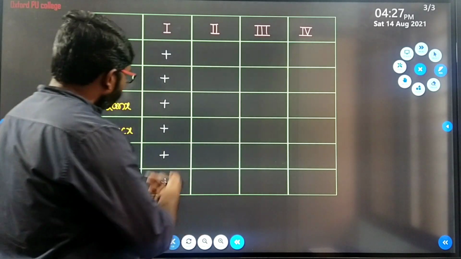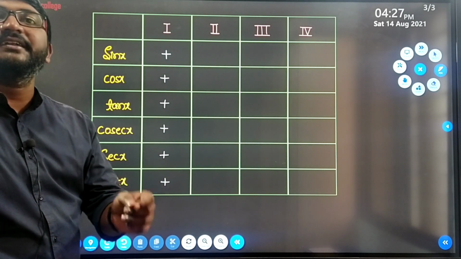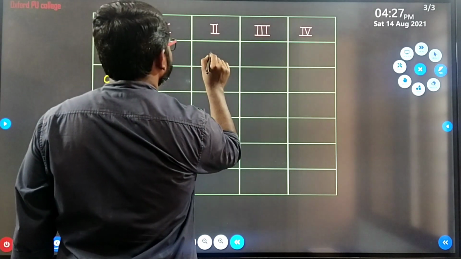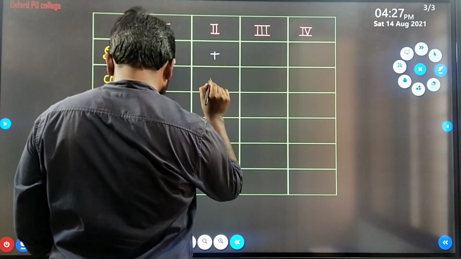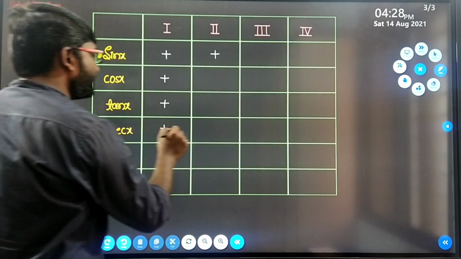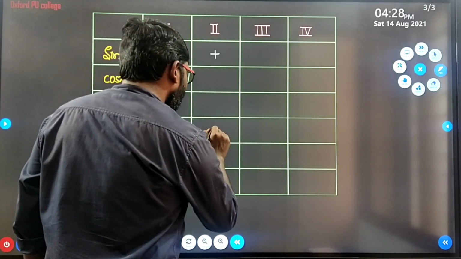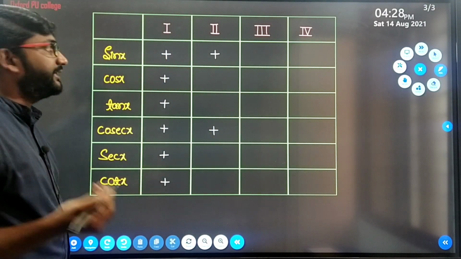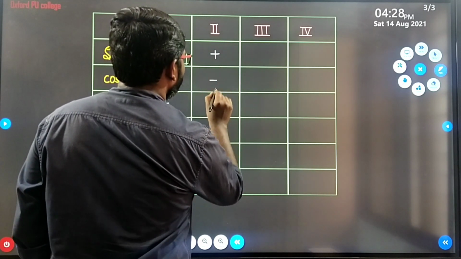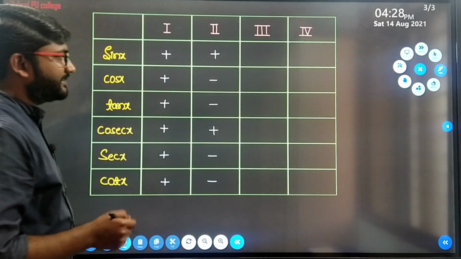Now in the second quadrant, only sin x and its reciprocal, cosecant x, are positive. Remaining 4 trigonometric ratios will be negative. So remaining we will have to write negative. So this is an important table.